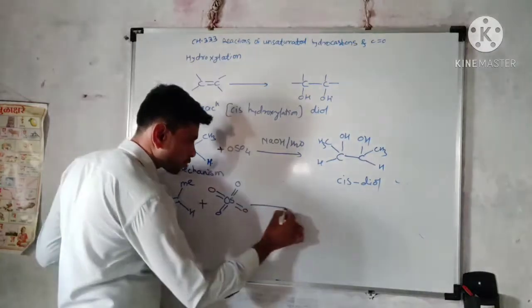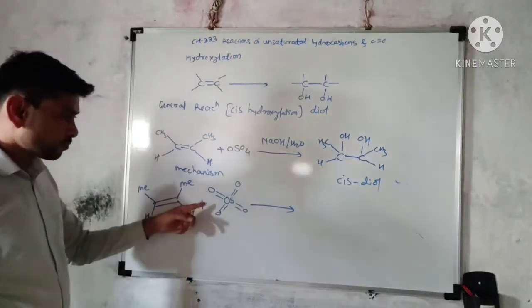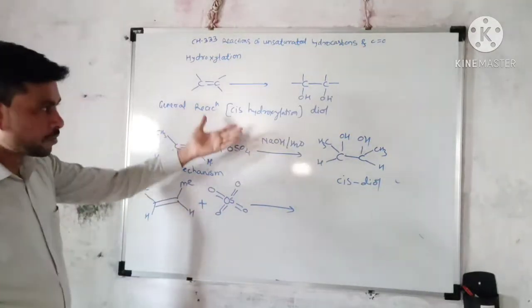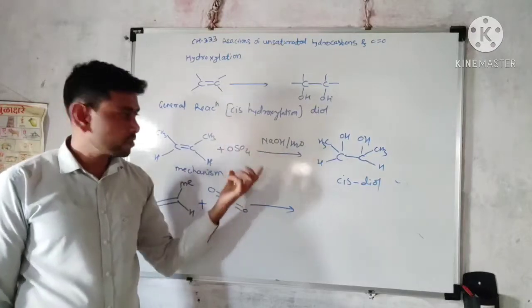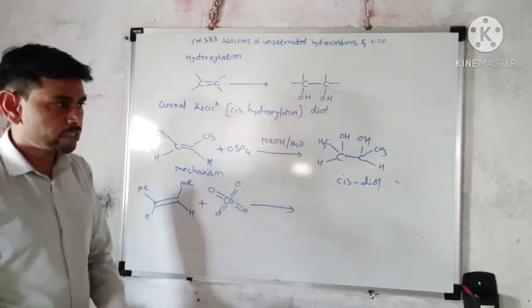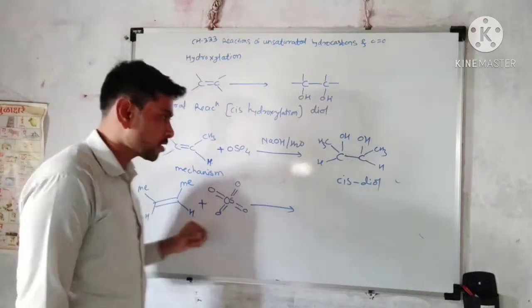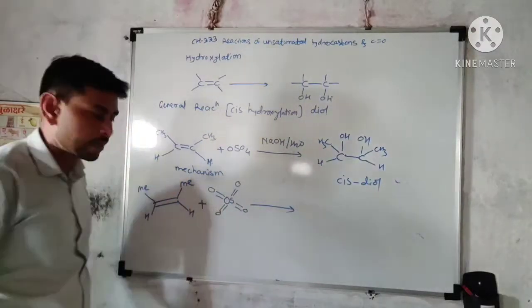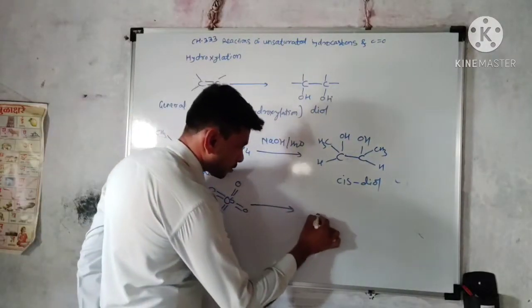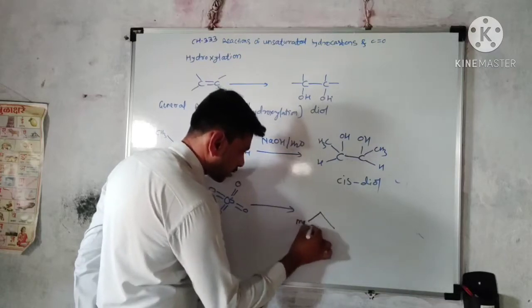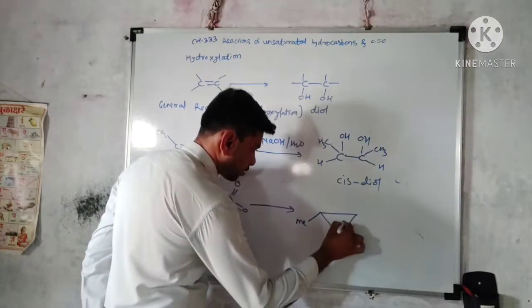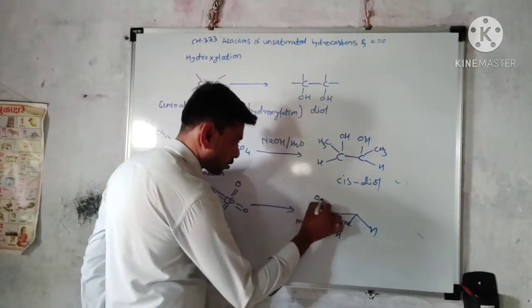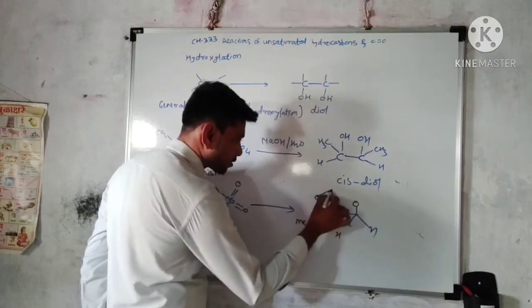Now addition of this osmium tetroxide takes place, and the first step is the formation of cyclic osmate ester. In the previous step we saw the cyclic manganate ester because potassium permanganate was used, and here the cyclic osmate ester forms because we use osmium tetroxide. So here methyl, hydrogen, methyl and hydrogen, and now osmium tetroxide adds in this way.